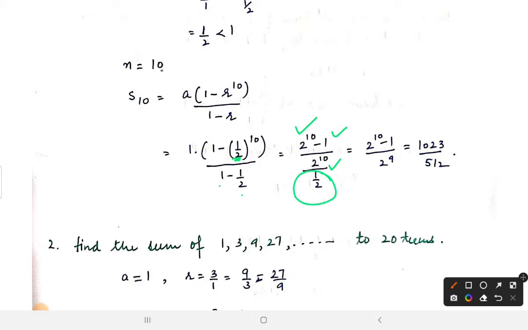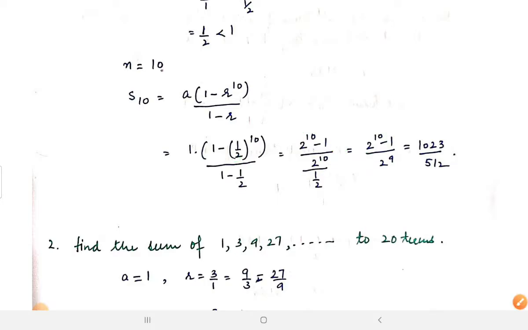So it is 2 to the power 10 minus 1 divided by 2 to the power 10, and this half in the divide, becomes multiply by 2 upon 1. So it cancels with 2 to the power 10, so it is 2 to the power 9. So 2 to the power 10 minus 1 upon 2 to the power 9 is 1023 upon 512.